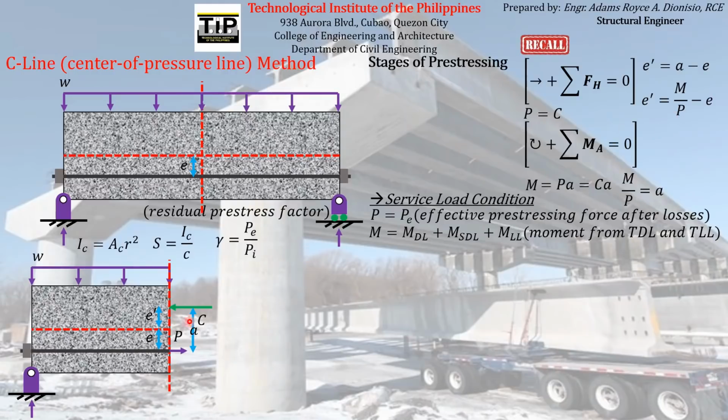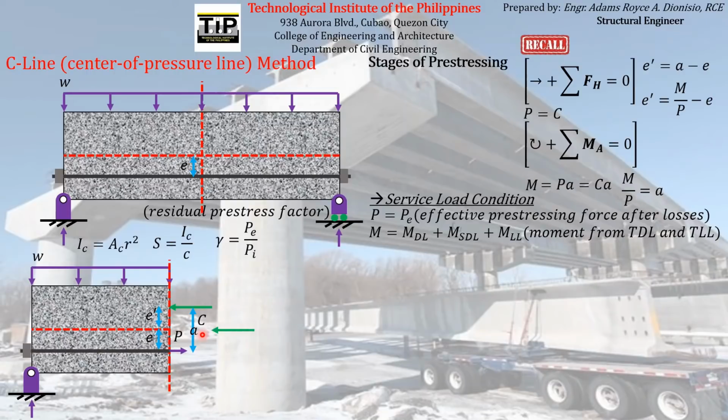So this total compressive force C can actually be moved from this location to the location of the centroid, just like what we did in the basic concept method. So we can transfer that to the location of the centroid.